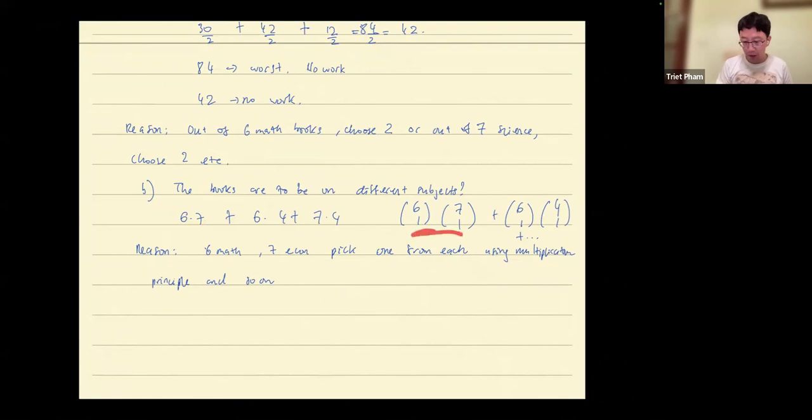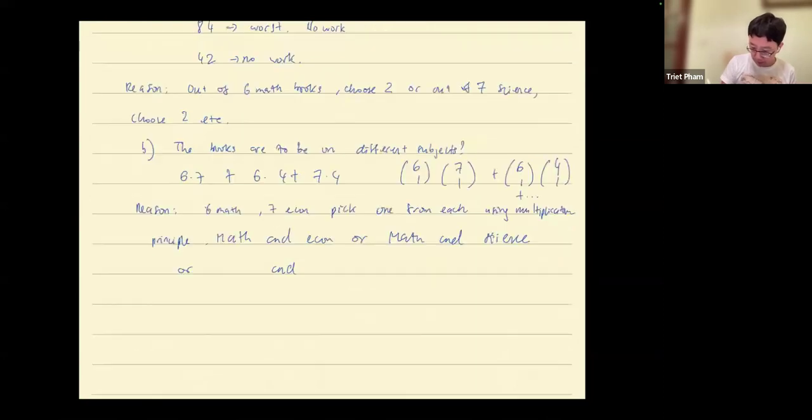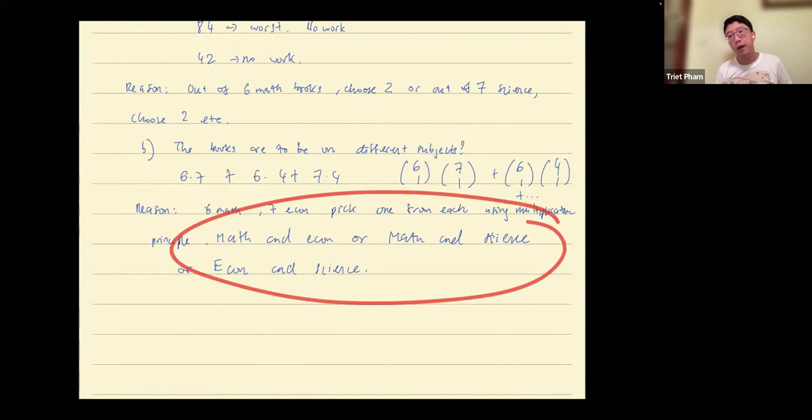And then you add because you say or: math and econ, or math and science, or econ and science. And I guess this right here would be the complete reason for counting.